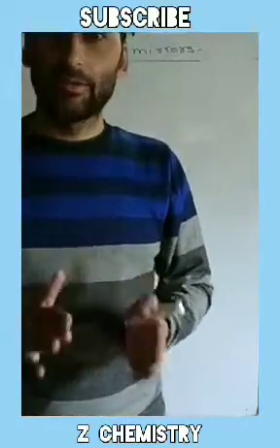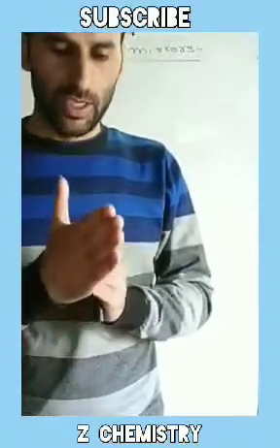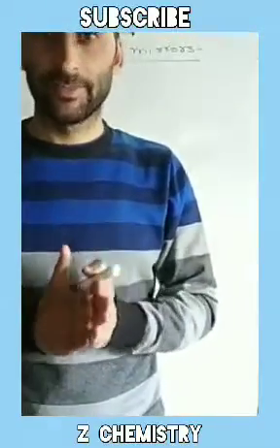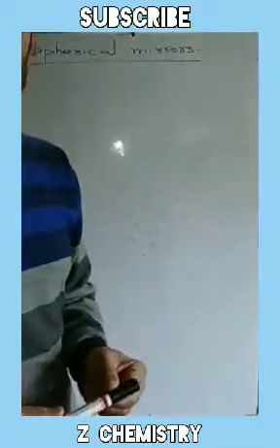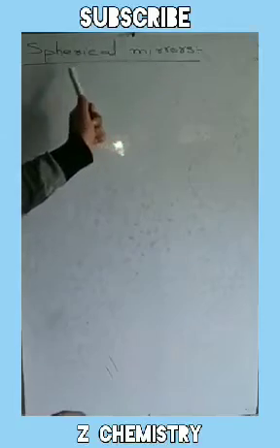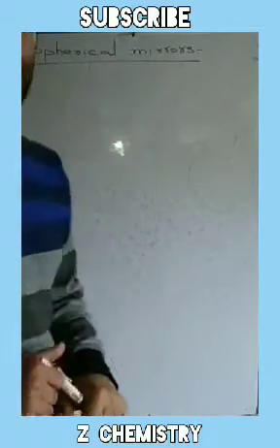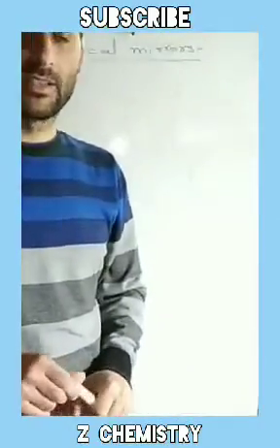Mirror is basically that particular substance whose one side is silvered or polished and another side is a reflecting surface. And that mirror which is spherical or circular in shape is called a spherical mirror.